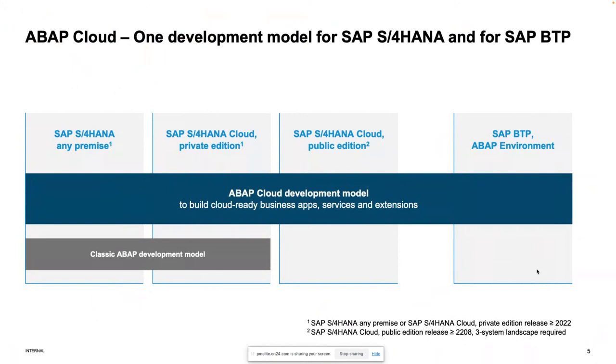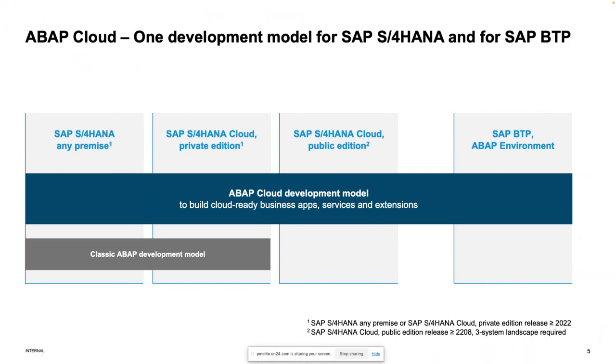So ABAP Cloud here is available, as I said, in the different S/4HANA editions as well as on BTP. And it's the same development model in each of these products. So meaning you have it available whether you are only on BTP ABAP environment, if you have a public edition of S/4HANA Cloud, a private edition, or if you're on premise. As you can see by those little numbers here, it definitely depends on the release because ABAP Cloud is quite new.